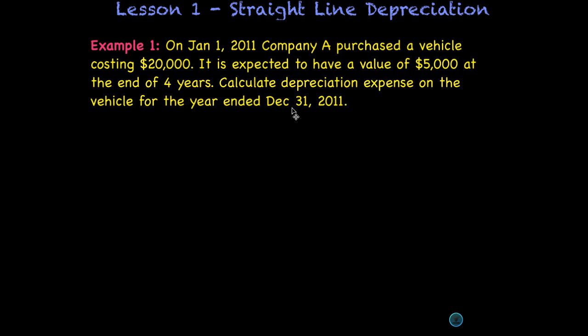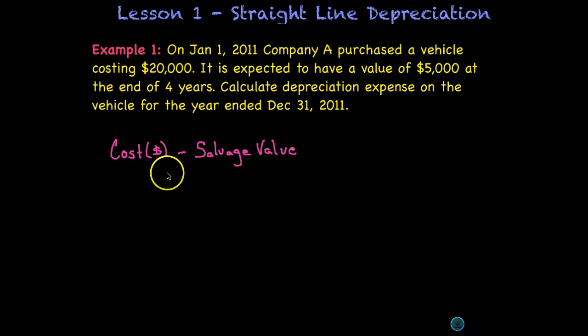So we need to set up an equation. Let's talk about how we could do that. In order to find depreciation using the straight line method, we always start off with the asset's cost. Once we have the asset cost, we subtract from that the salvage value, what it would be worth after its useful life.